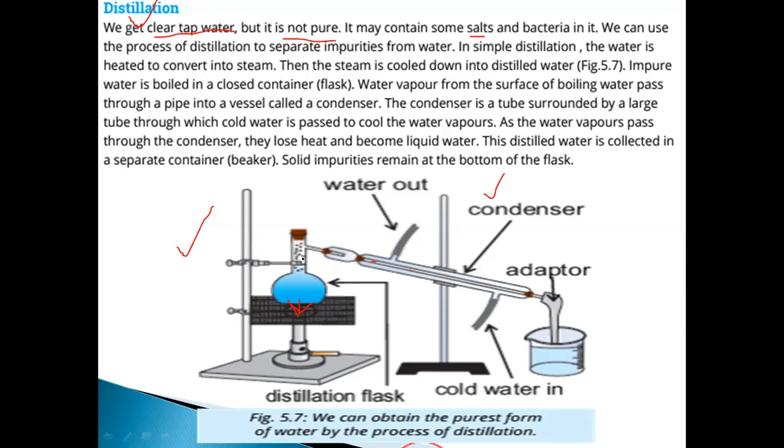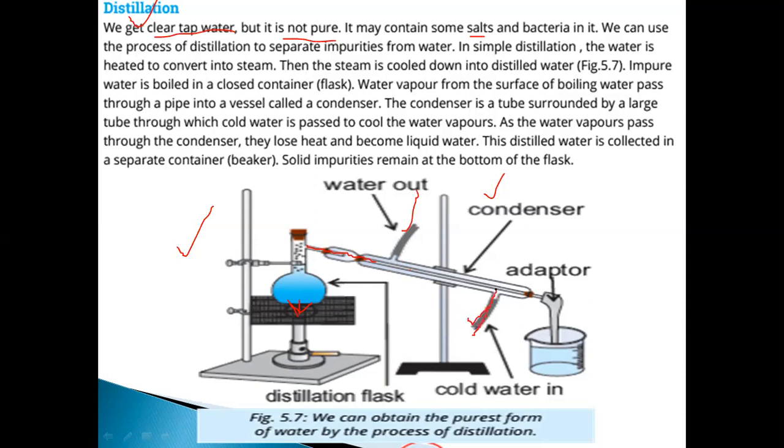Because if that is salty water or muddy water, what will happen? The water will evaporate with the heat and will transfer to this tube, because water becomes gas now. Here this tube is covered by another larger tube that has two openings, one is the water outlet and one is the water inlet.